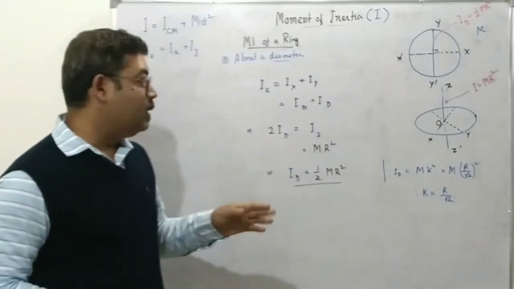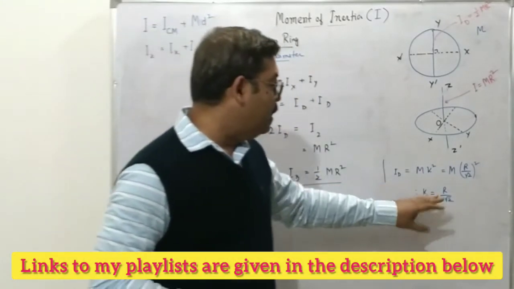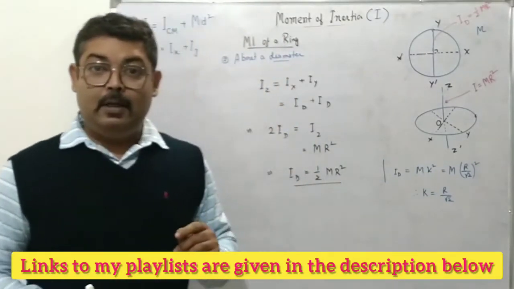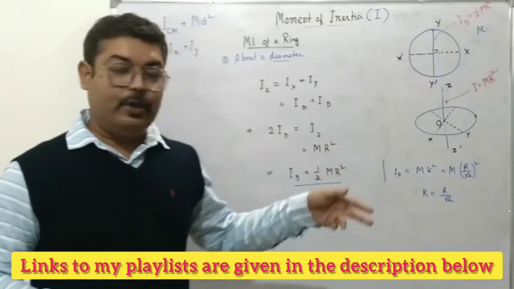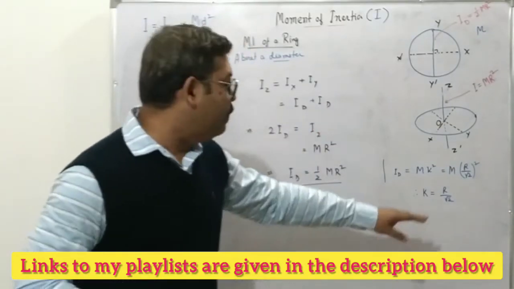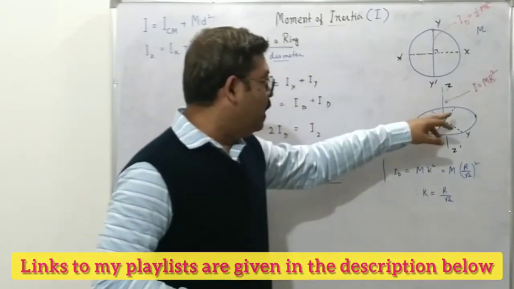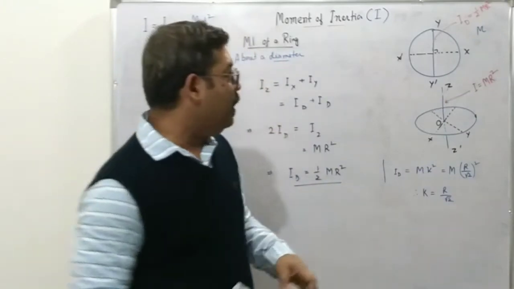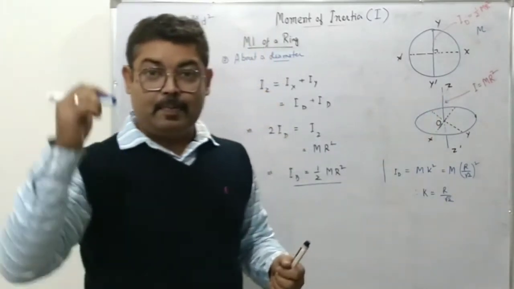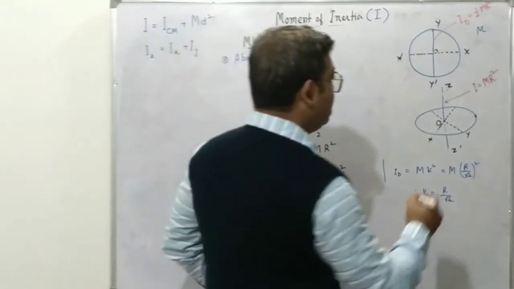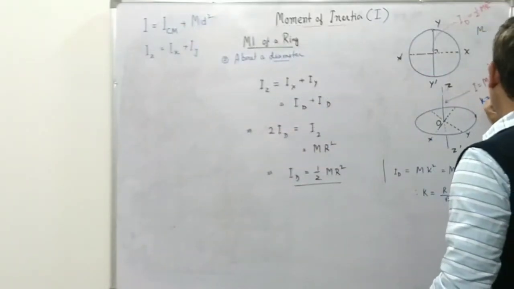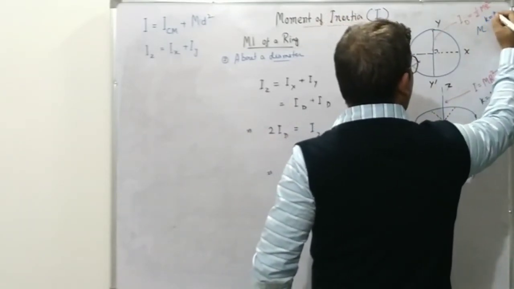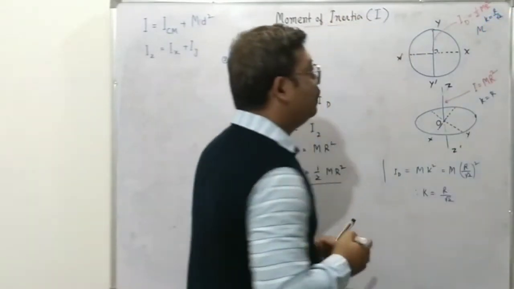We had already discussed in my previous video that radius of gyration will depend on the orientation of the given axis about which it is rotating. And now we are having a different value for the ring rotating about the diameter. For the ring rotating about the axis perpendicular and passing through the center of the ring, k was equal to r, and in this case k becomes equal to r by root 2.